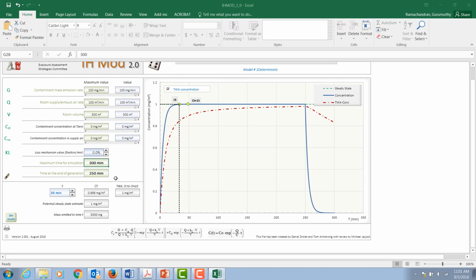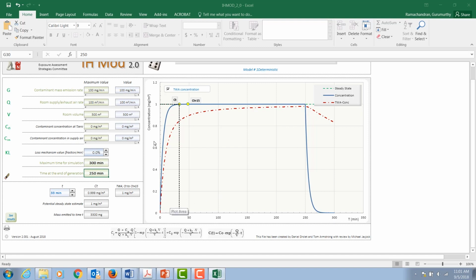We're also saying that the time at the end of the contaminant generation is 250 minutes, which means that the contaminant generation starts at t equal to 0 and goes all the way up to t equal to 250 minutes, at which point the value of the generation rate G becomes 0.